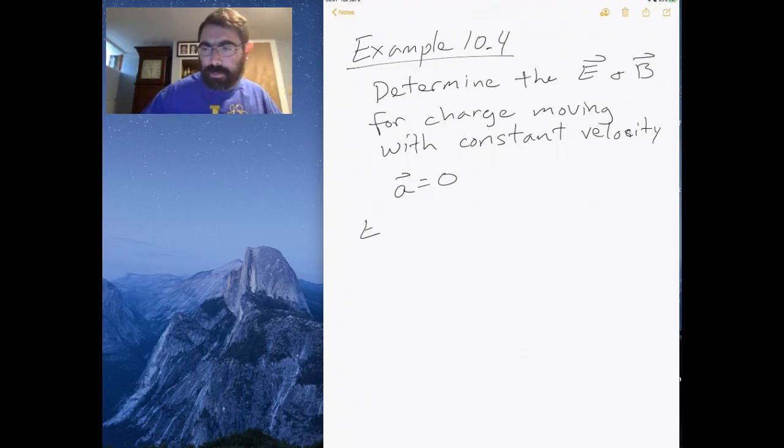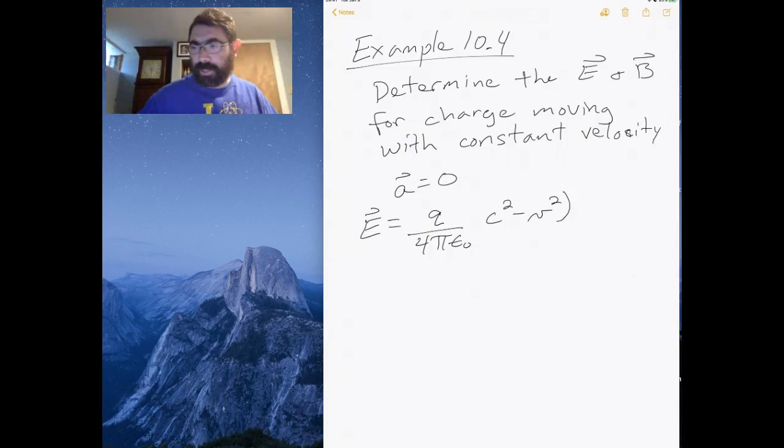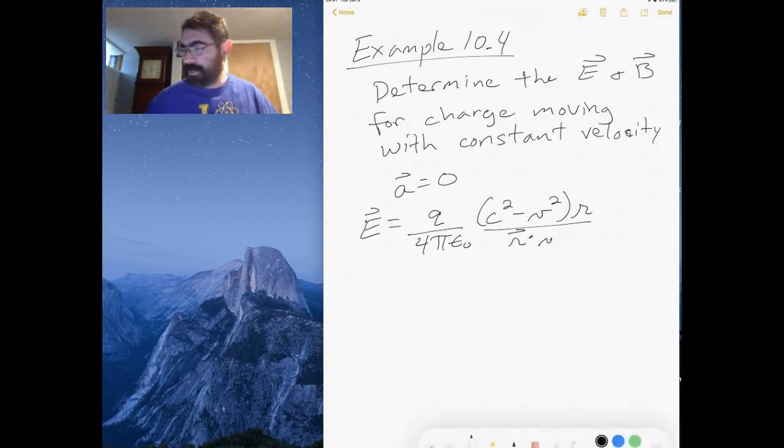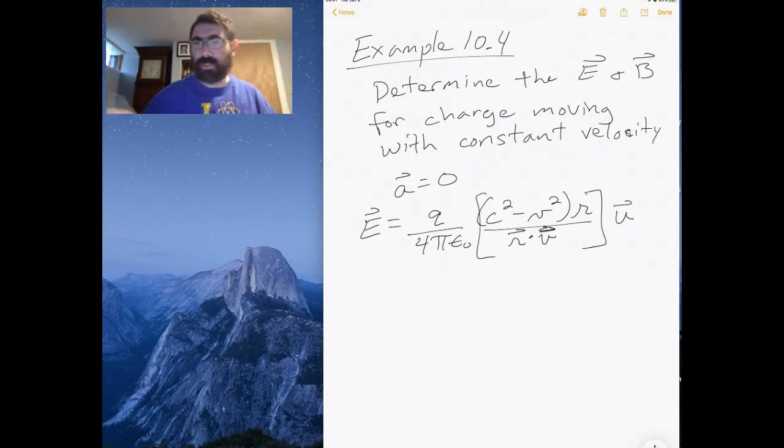So if a is 0, the electric field is going to be q over 4 pi epsilon naught, c squared minus v squared times script r over script r dot u, not v, but the velocity u, and then all of this times the velocity u.